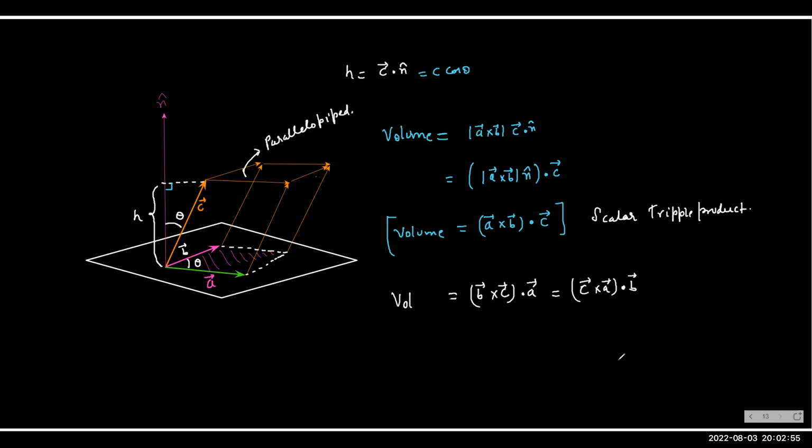You must keep the cyclic order A, B, C intact, because if you reverse the order, the arrow will change and the answer becomes negative from positive. Understood? Anybody getting the idea what I'm saying here? Yeah. So our heading was scalar triple product.